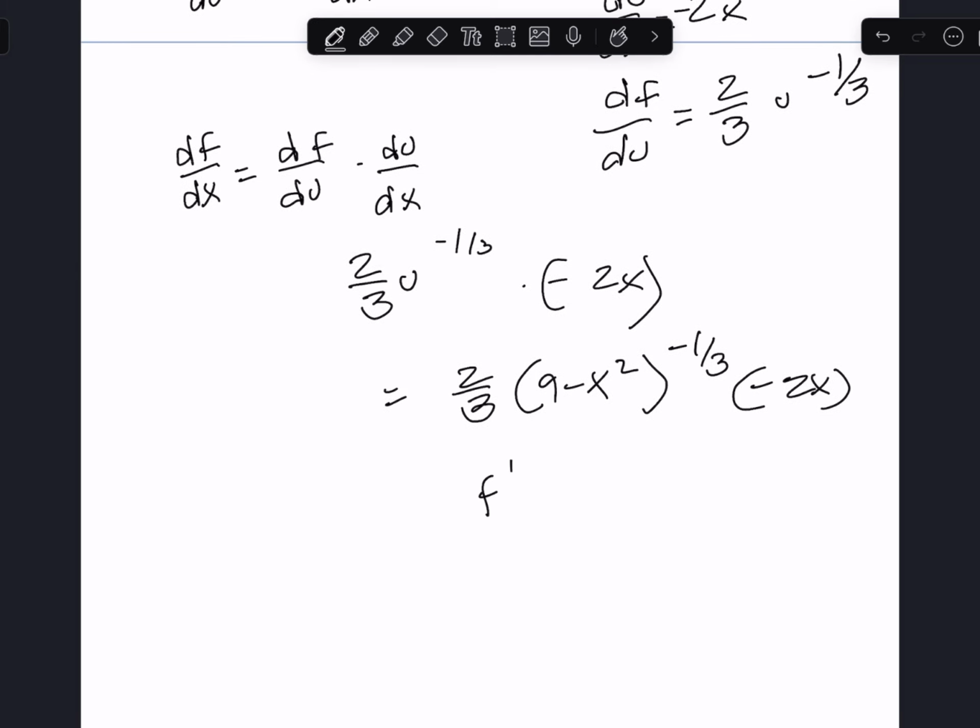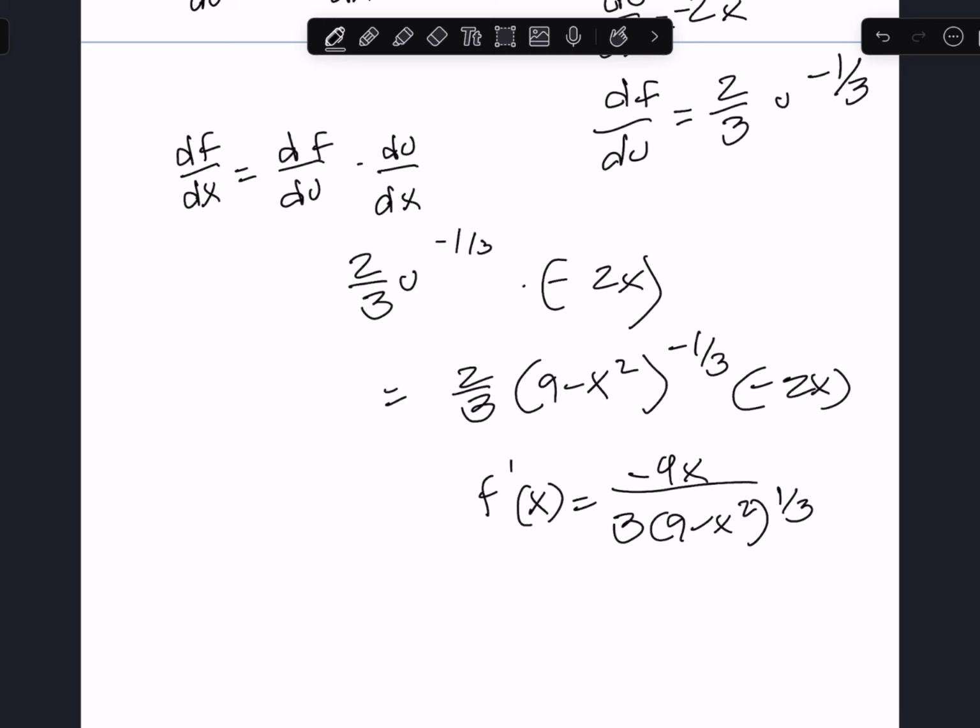And we get f prime of x equal to negative 4x over 3, (9 minus x squared) to the power of 1/3. And that is the derivative of our original equation. F prime of x is equal to negative 4x over 3, (9 minus x squared) to the power of 1/3.